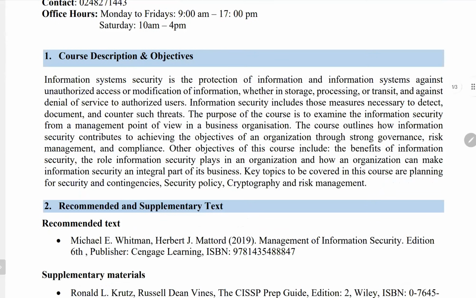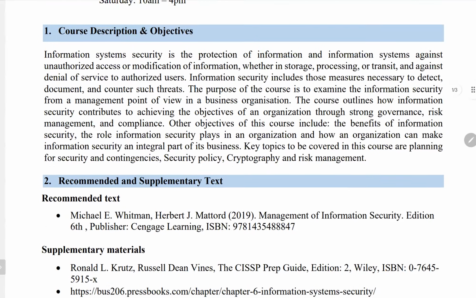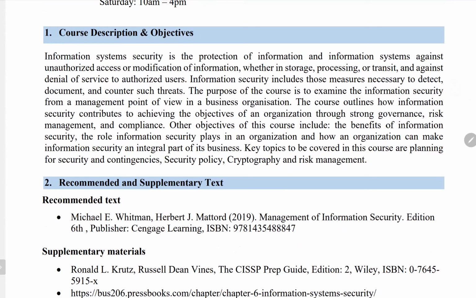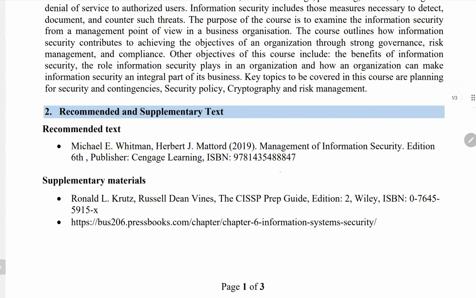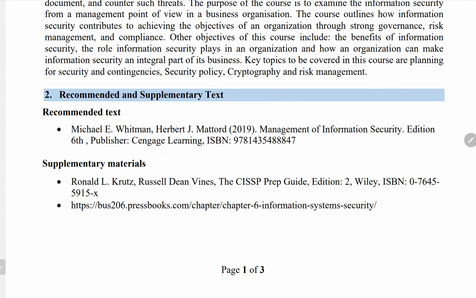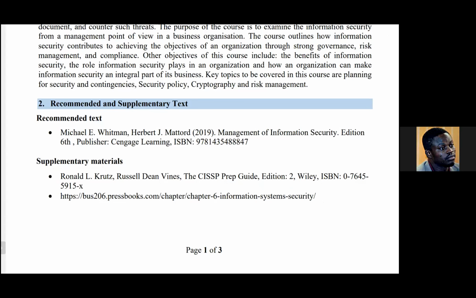Anyway, so the course, let me just keep the objectives of the course. I'll share this on Sakai. You can read it, what information system security is all about, and all that. All right, so this is the recommended text we are going to use for the semester. Michael E. Whitman and Herbert Mattord, 2019, Management of Information Security, 6th edition.